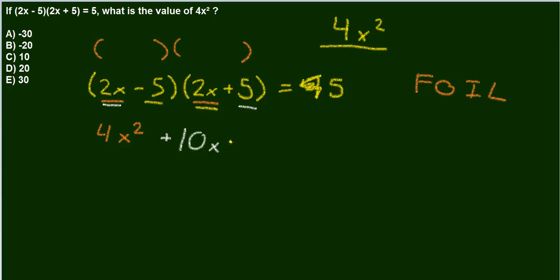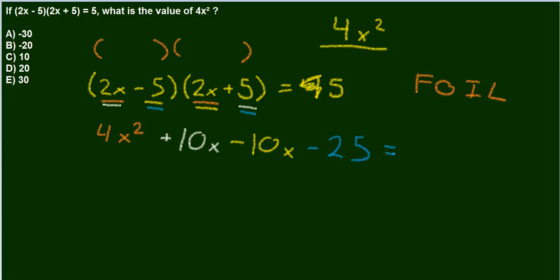The inner 2 minus 10x. And finally, I'll use a nice blue for this. It's saying last. So last means the final 2 terms, which when I multiply negative 5 times positive 5, I should get negative 25. I think that makes sense.